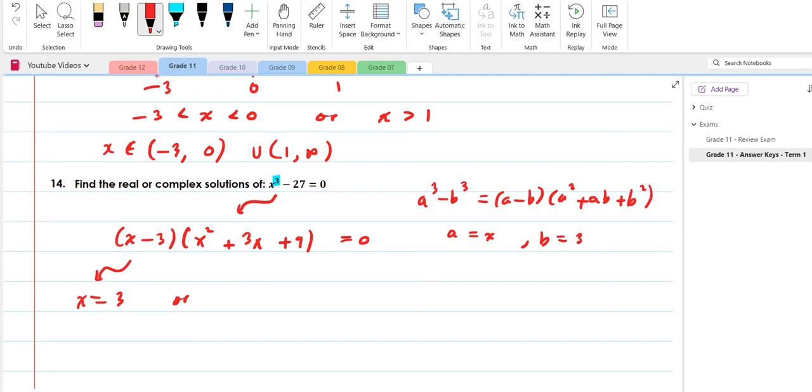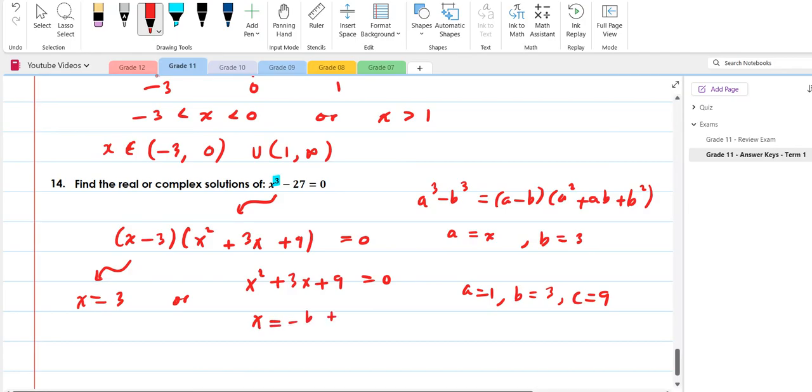The next one is x squared plus 3x plus 9 is equal to 0. Remember, the value of a is 1, b is 3, because it's a quadratic equation now, and c is 9. So to solve this equation, we use the quadratic formula, negative b plus minus the square root of b squared minus 4ac, divided by 2a.